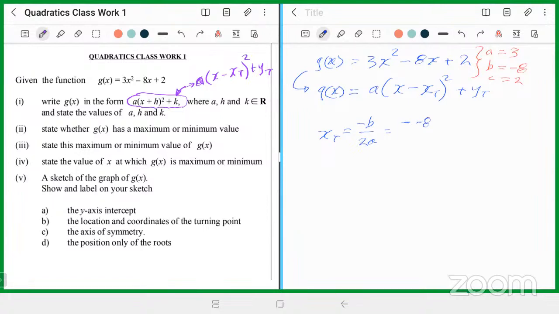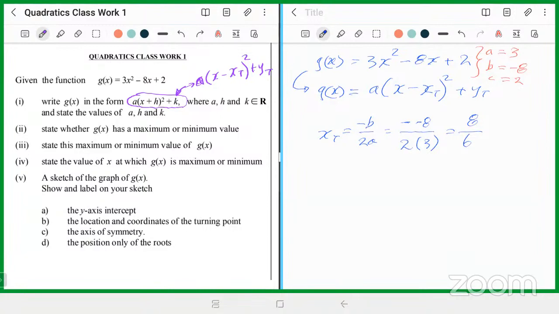And then we're going to divide this now by 2 times a. And the a value is this 3 right here. So I'm going to put the 3. This minus minus 8 gives us a positive 8, and we're dividing this by 6.